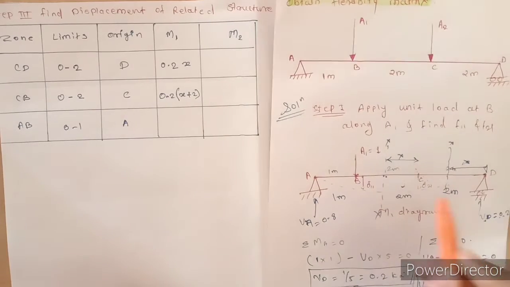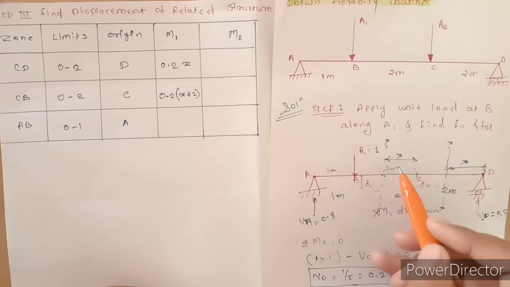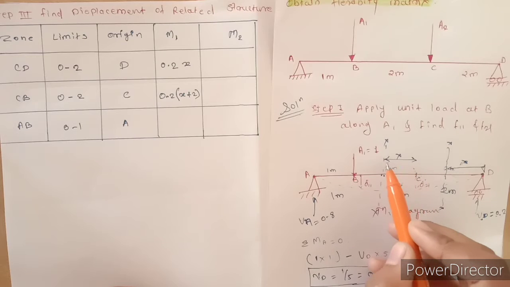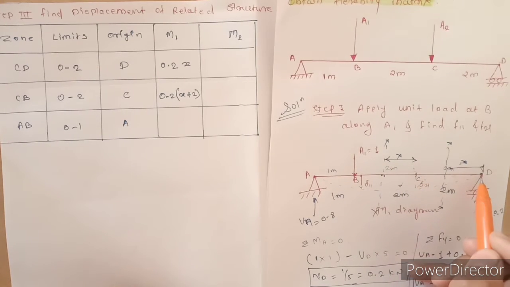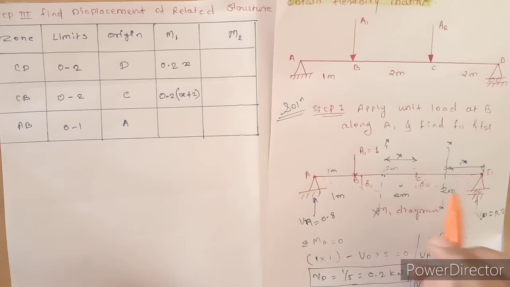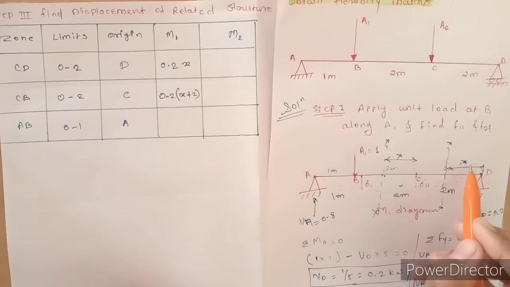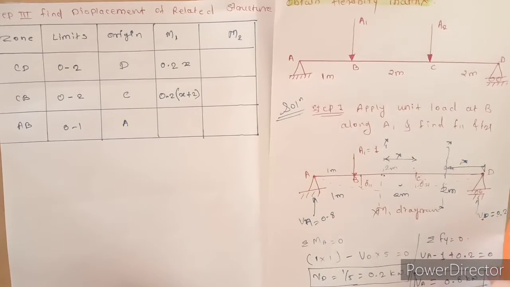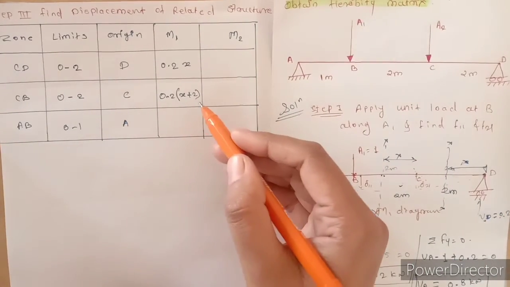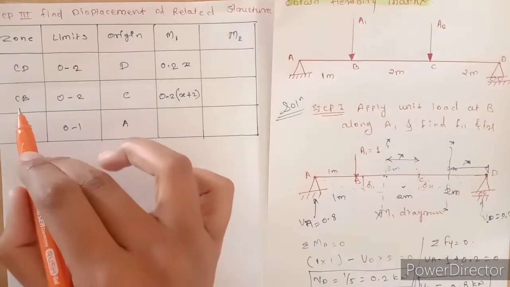So from D point to x axis total distance is this x meter, from x axis to C point, and from C point to D point total distance is 2 meter. That means total distance is x plus 2. So here movement is 0.2 into x plus 2 distance for CB zone.